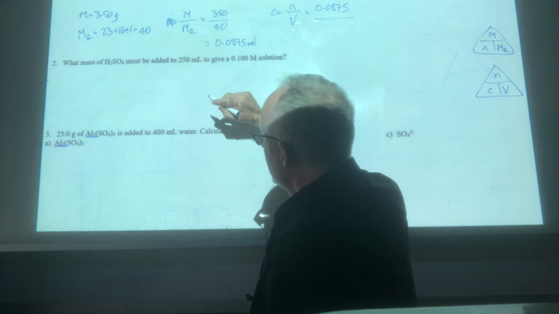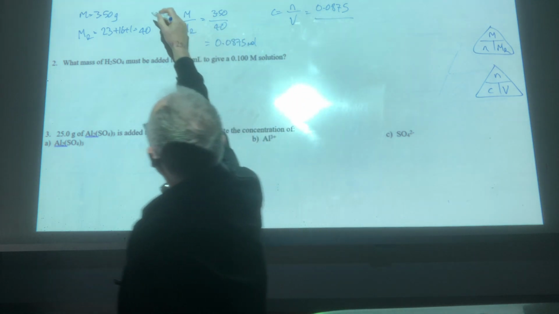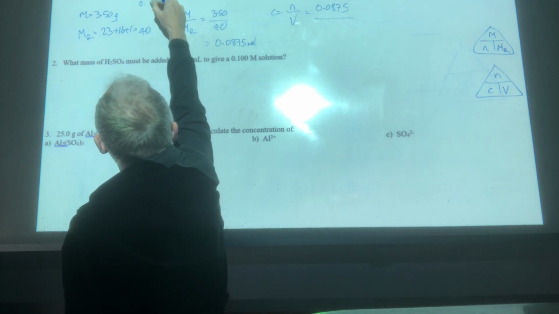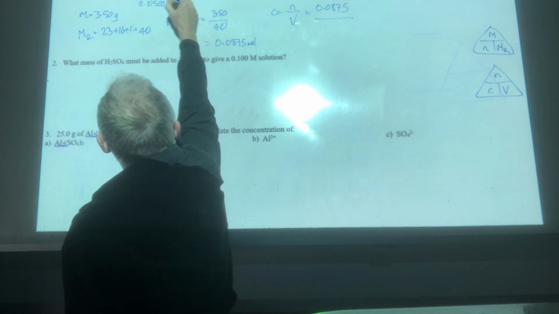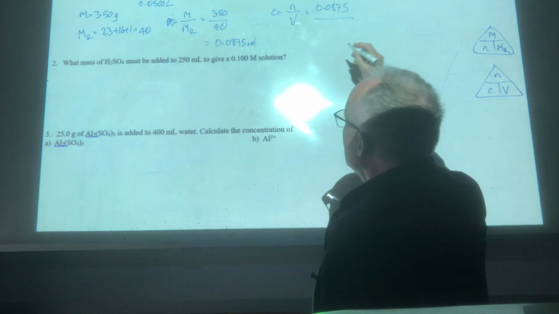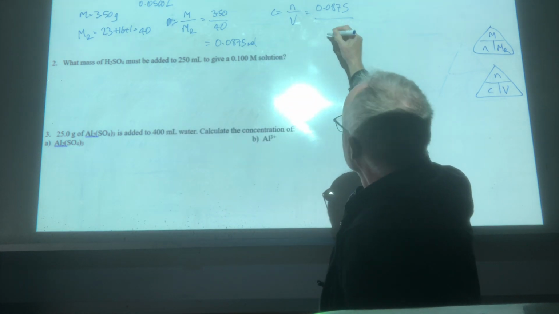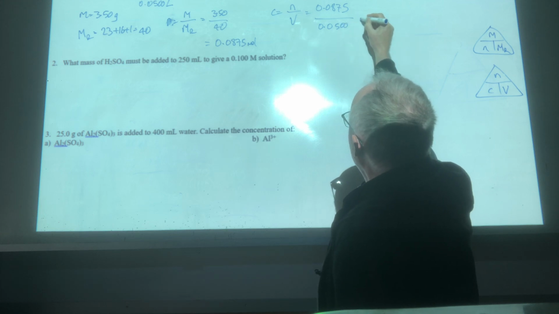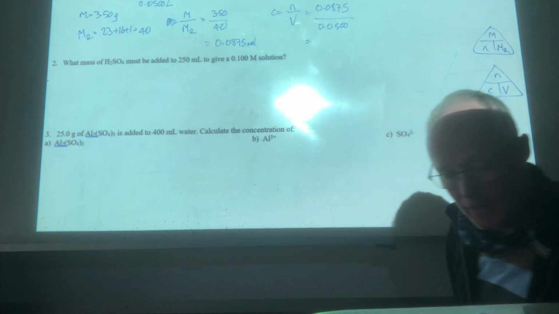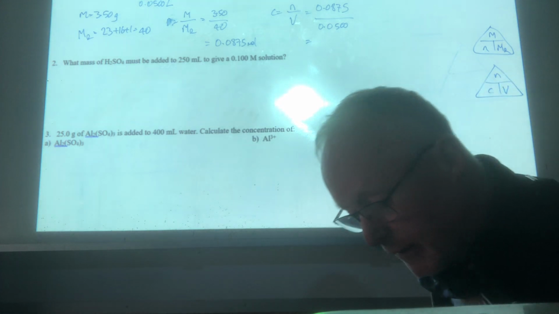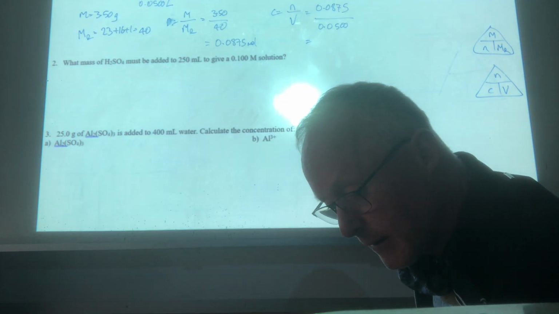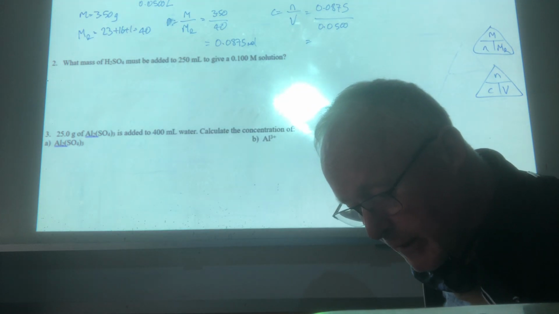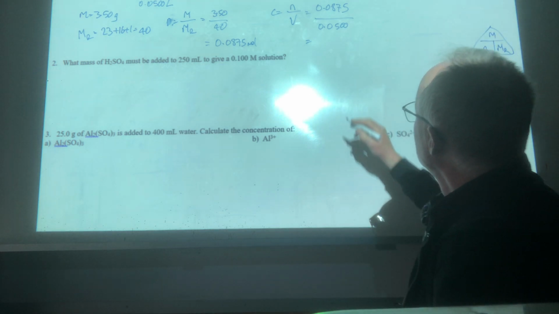Volume, of course, has to be in litres. So we divide by 1,000 to get to that. And when we work it all out, what do we get? We get 1.75 molar.